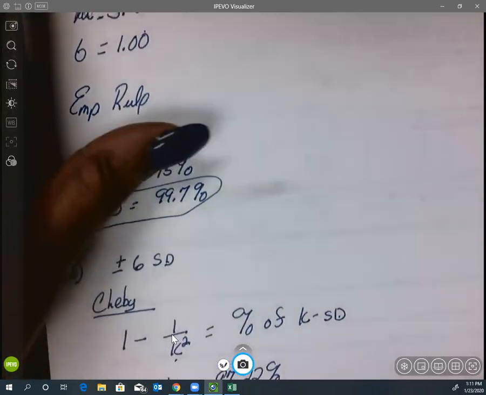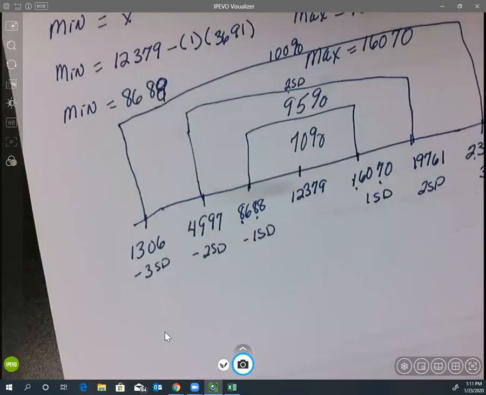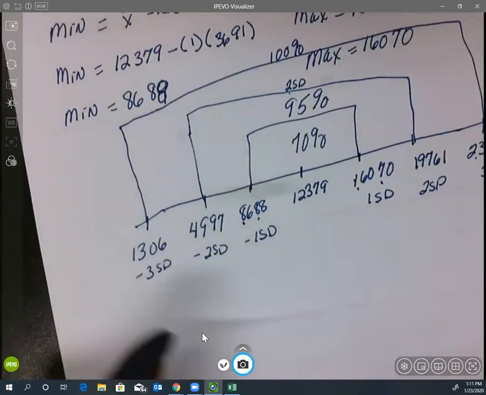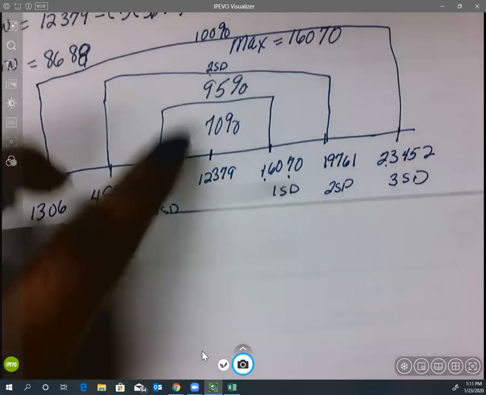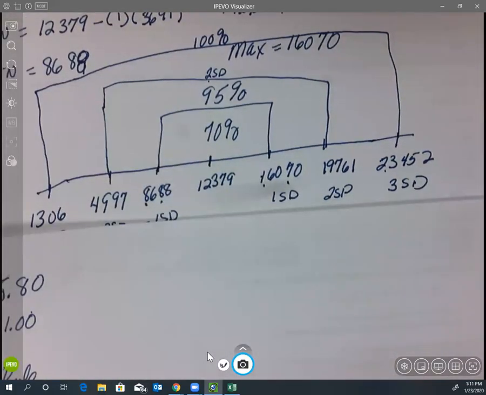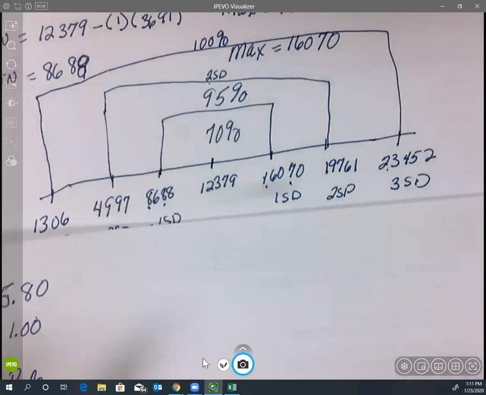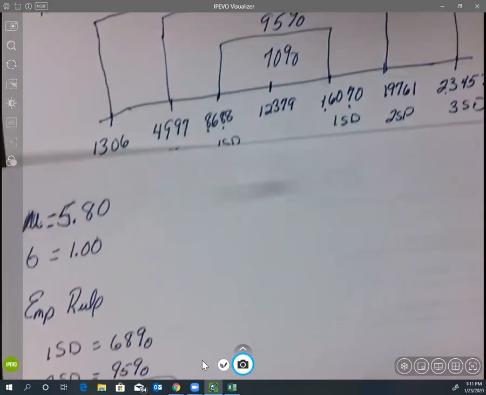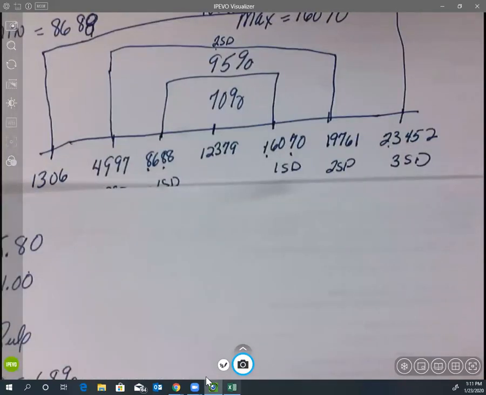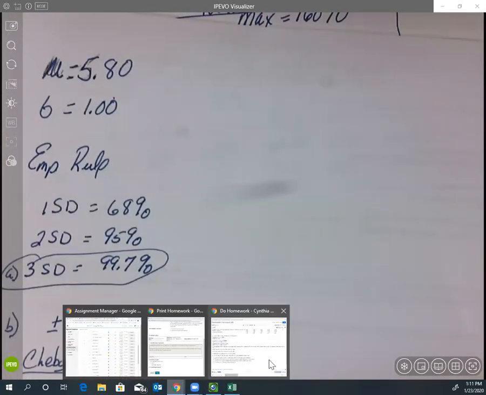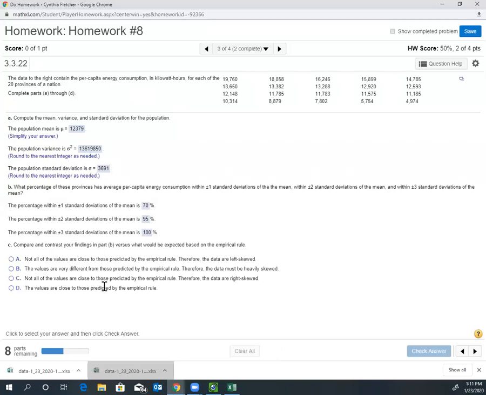Well, if we compare that with my answers, we got 70%, which is close to 68%, 95, which was right on the button, and then 100 for 99.7. Okay? So what can we conclude about my data? We could say that the values are close to those predicted by the empirical rule.